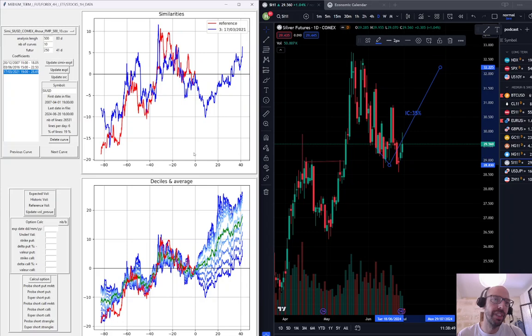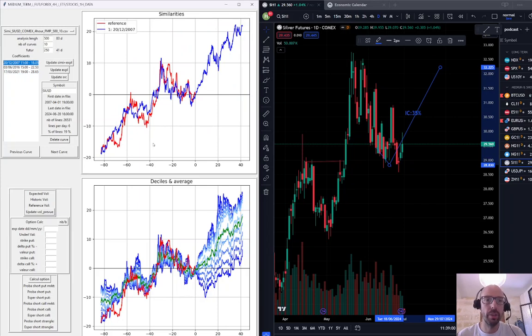Indeed, the fit is quite okay. This week the fit is less good than the last weeks, but still okay. And on average, you can see that it's going up big time, like 20% over the next 40 days. So I think I'm going to keep this line of prediction.